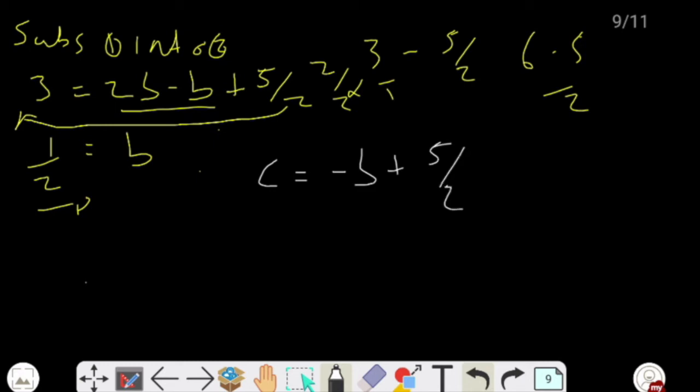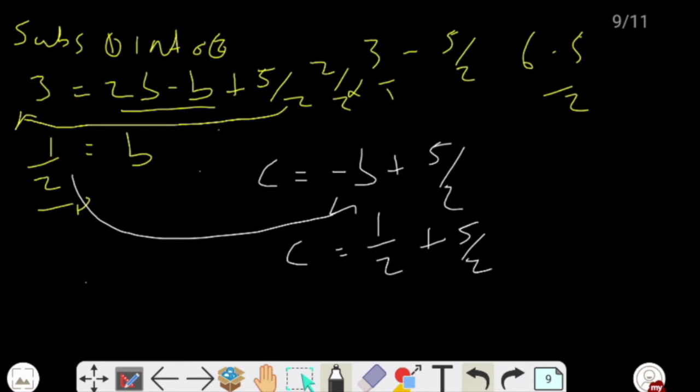So we just take what we know for b and substitute it, meaning c equals a half plus 5 over 2.